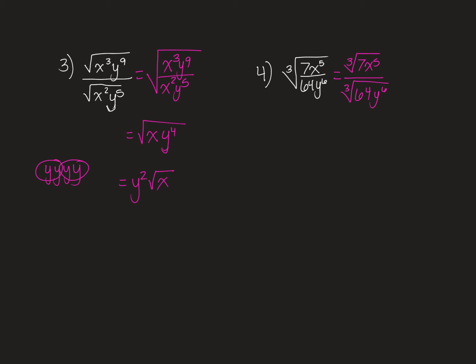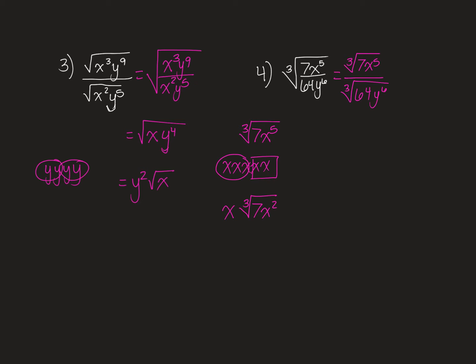So if I look at the cube root of 7x to the 5th, I can't break down 7 anymore, but let's look at x to the 5th. So 1, 2, 3, 4, 5 x's. I have one group of 3 and 2 left over. So my resulting radical is x cube root of 7x squared.